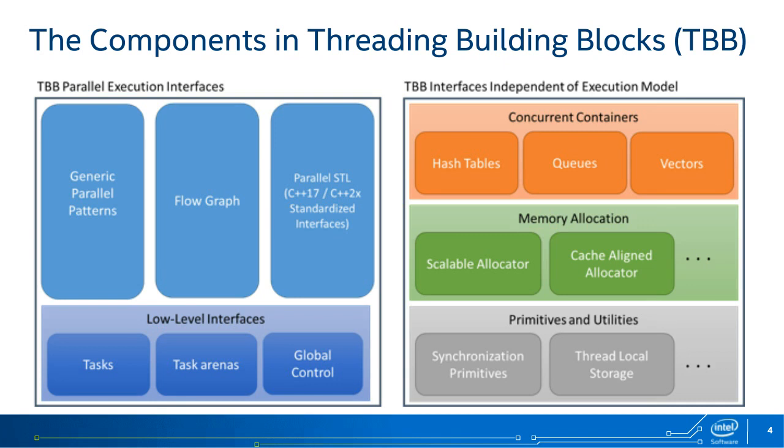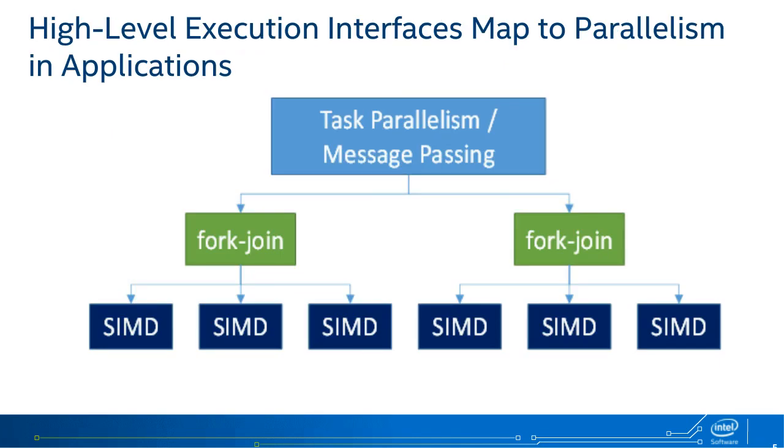One of the things over time that we have noticed in real applications is that they actually have multiple levels of parallelism, and exploiting all of the parallelism in an application is necessary to get the highest performance. So typically we'll see in applications that there is a high-level task or message passing layer to an application even within shared memory.